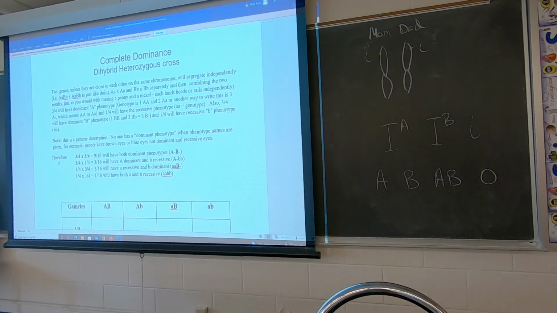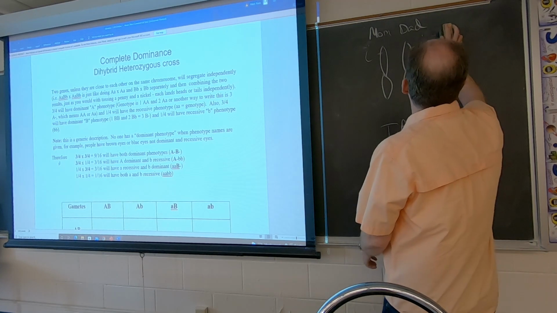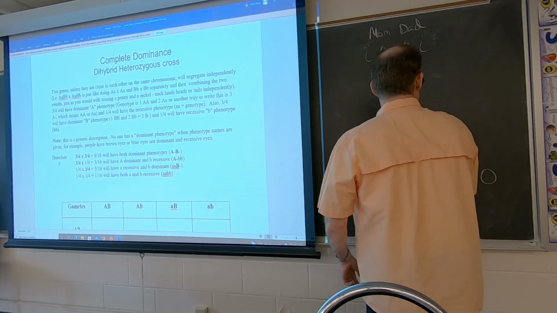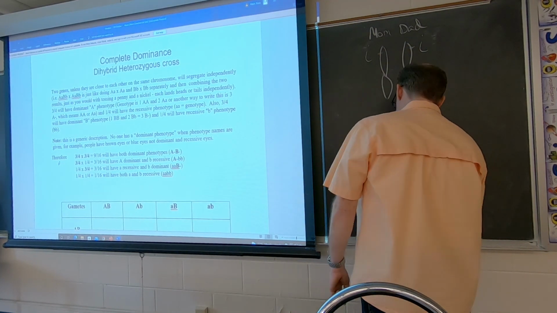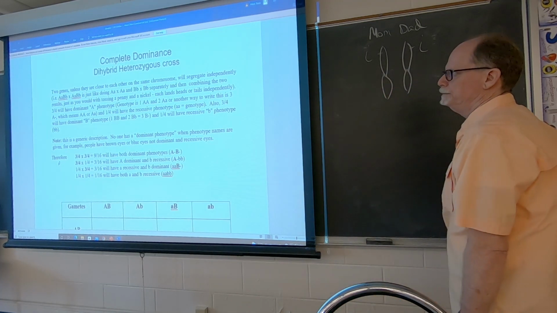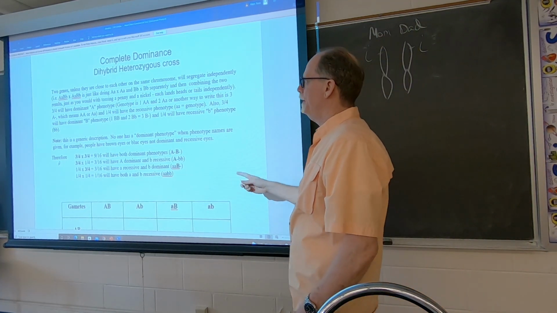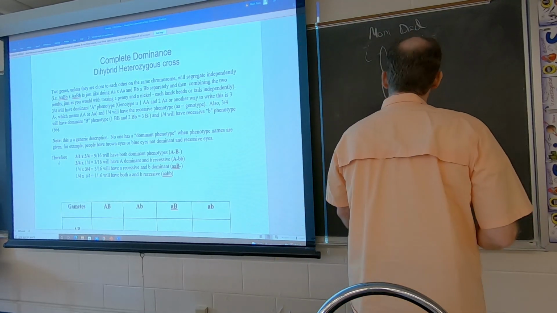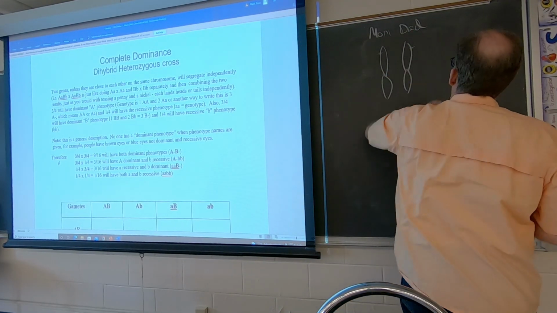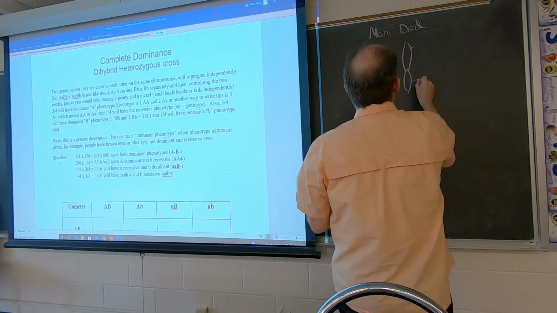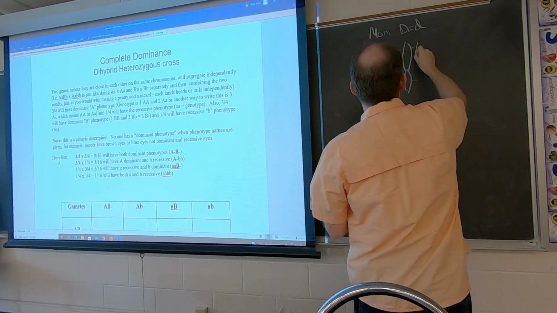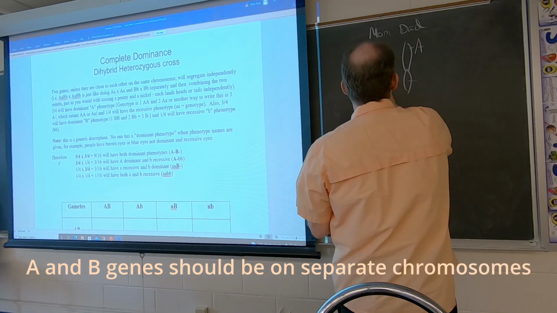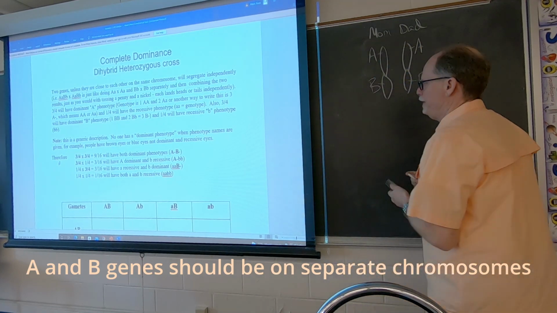The last thing I want to cover is this dihybrid scenario. In a dihybrid, we're looking at two genes. Let's say the A gene is here, and the B gene is another gene.